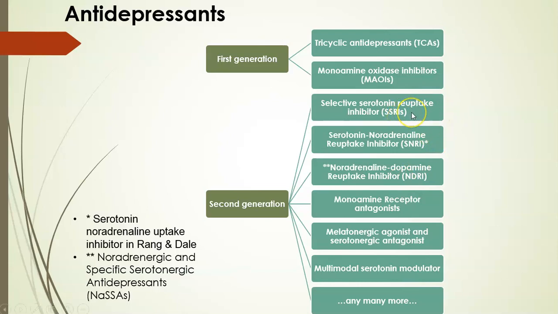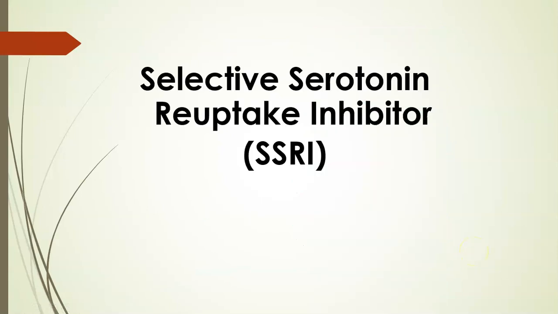When we talk about second generation antidepressant drugs, first on the list would be the SSRIs, and then the SNRIs, NDRIs, and even those supposedly low on the list are gaining more and more acceptance by physicians and patients alike because of how well they work. So now, let's take a look first at the SSRIs.